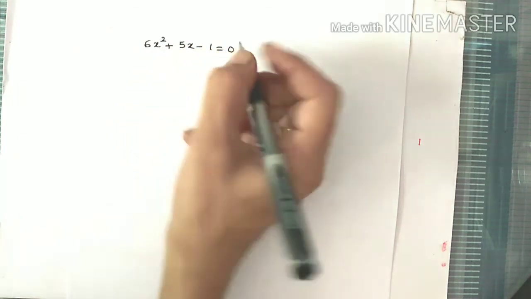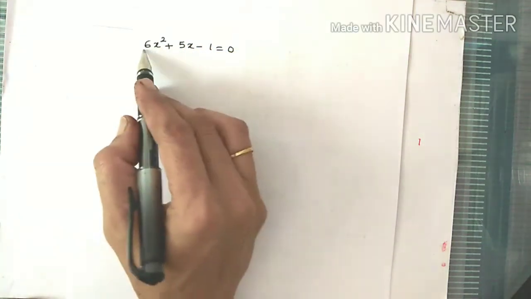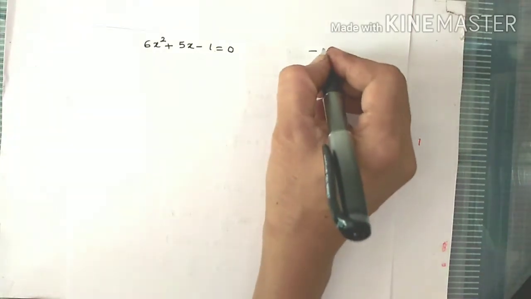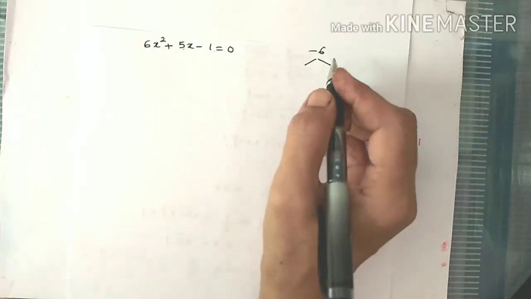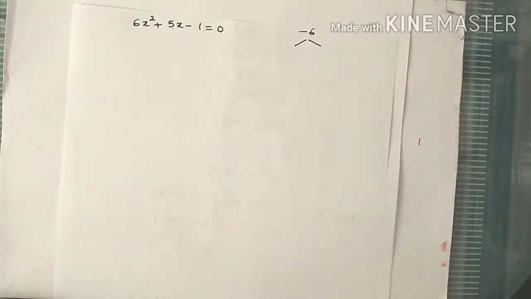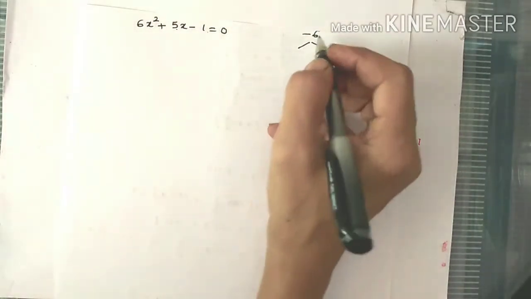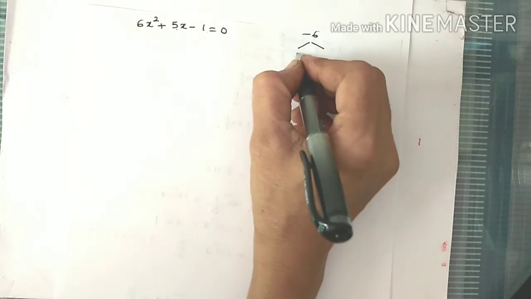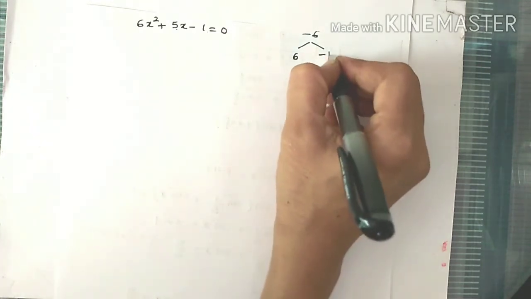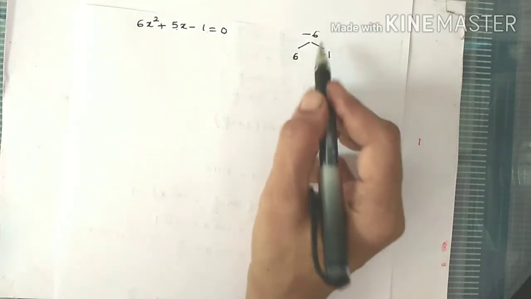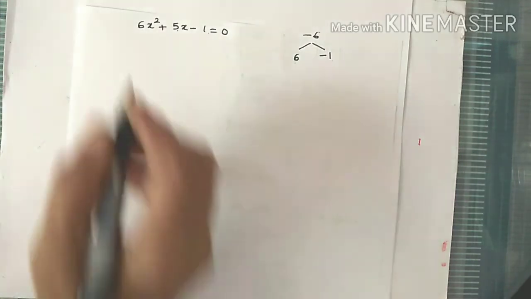So to solve this, we need two numbers with product minus 6 and addition as 5. Is it correct? 6x square plus 5x minus 1. Yes. Product is minus 6 and addition is 5. So those numbers are 6 and minus 1. Product is minus 6 and addition is plus 5.